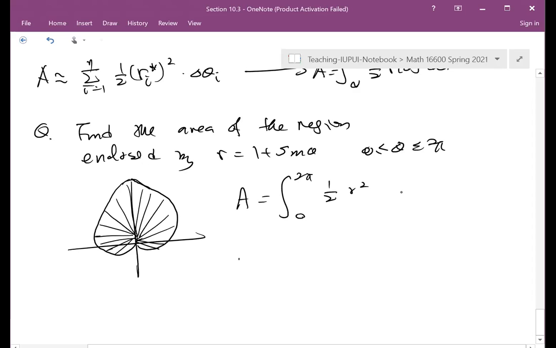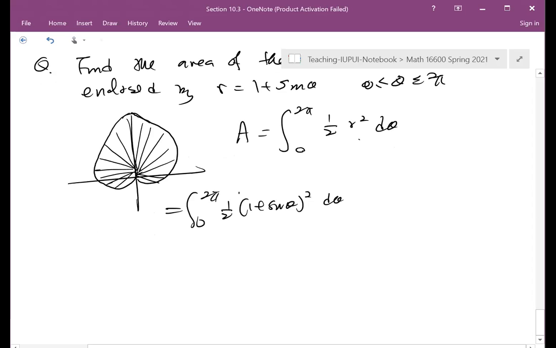It's even simpler, there's no radical here. Half of 1 plus sine theta squared d theta. I'm going to square it, so it's 1 plus 2 sine theta plus sine squared theta d theta.